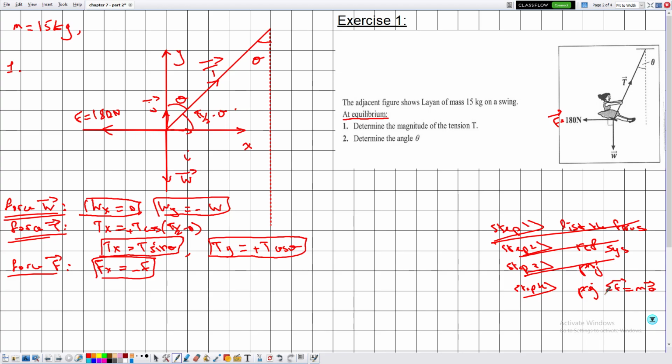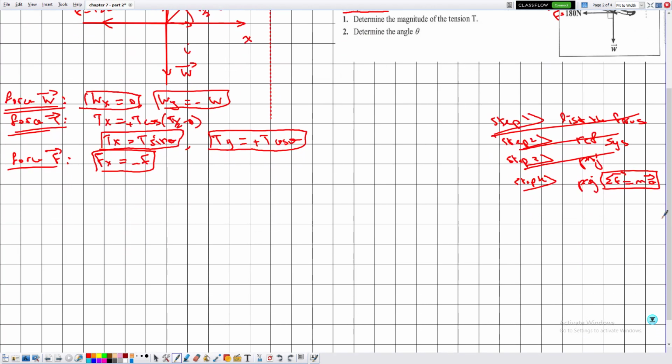Now we need to refer to the equation, sum of forces is equal to ma. So let's apply Newton's second law, which is given by sum of forces is equal to ma, but in this case the acceleration vector is 0 because it is at equilibrium.